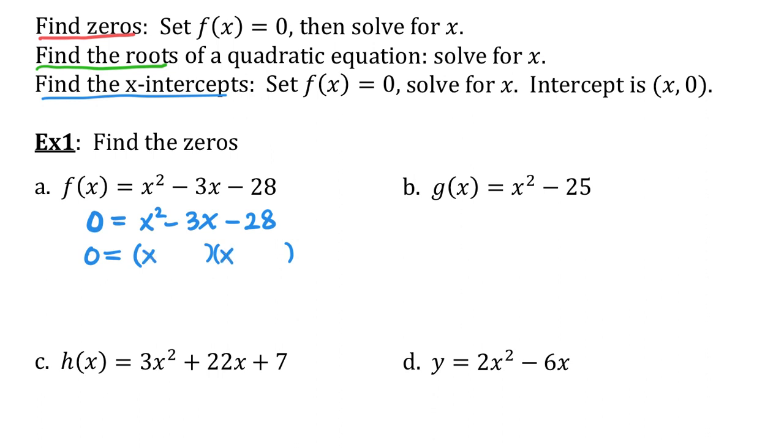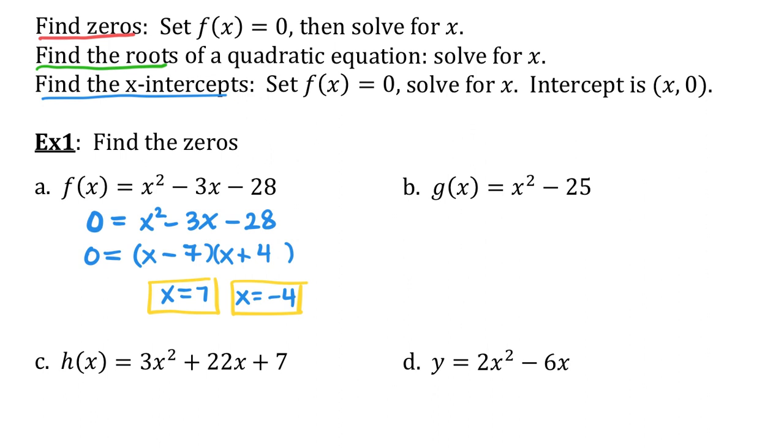To get negative 28, that's got to be 7 times 4, negative 7, positive 4. So I'm going to solve for x, and I got x equals 7 and x equals negative 4. Okay, so when you find zeros, your answer should be x equals, x equals. You have to write equals 0 here or here for it to be an equation. So the most important thing, when you're finding zeros, make it equal 0.